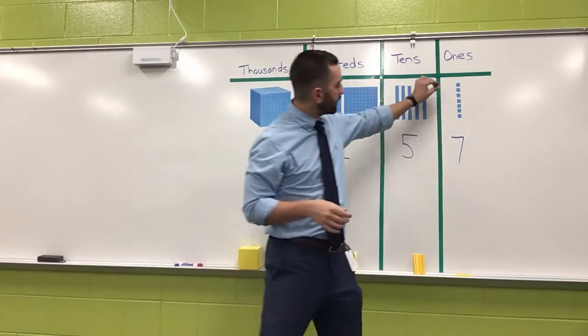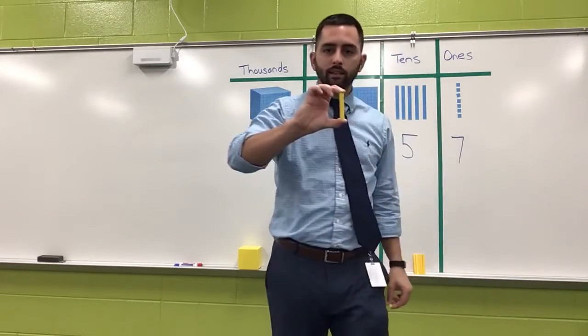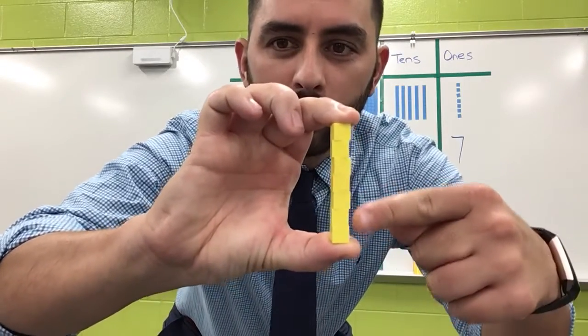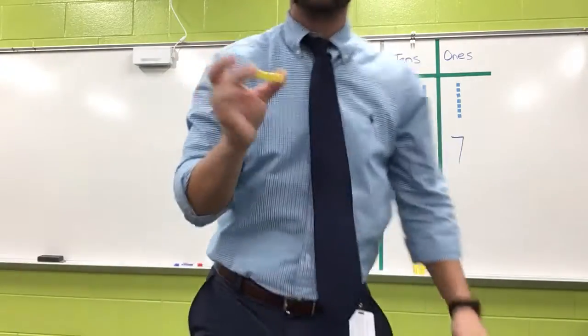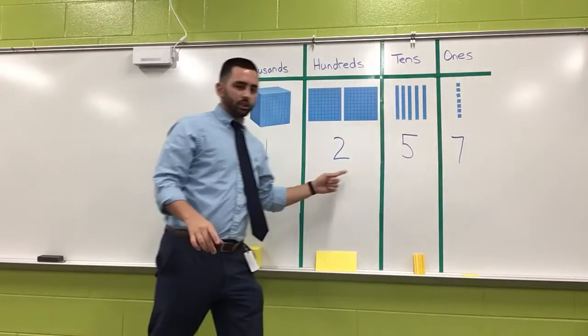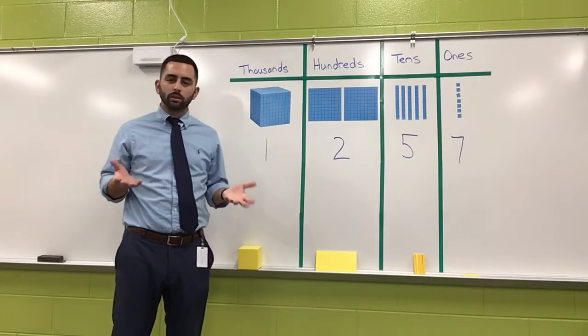So if we start over here, we have 7 ones. So if I take a look, this is what 7 ones looks like. And we can count them. 1, 2, 3, 4, 5, 6, and 7. 7 ones. Now, 7 might be the biggest digit up on my board right now, but because of its place value, it's actually the smallest number.